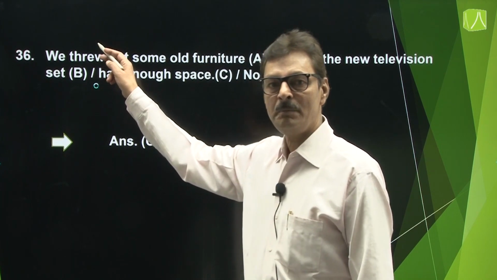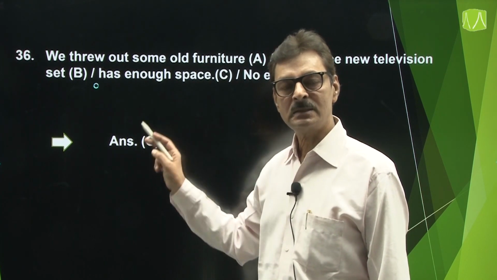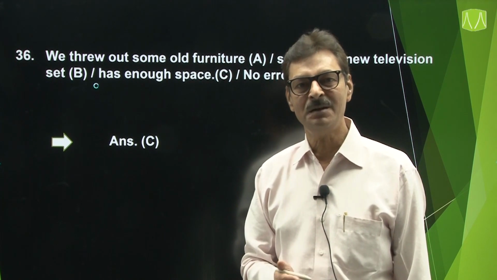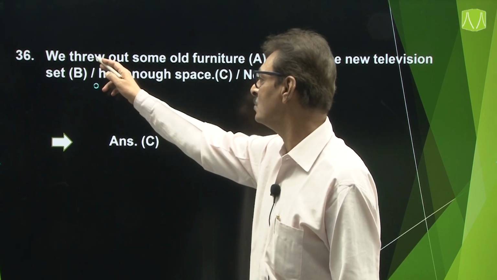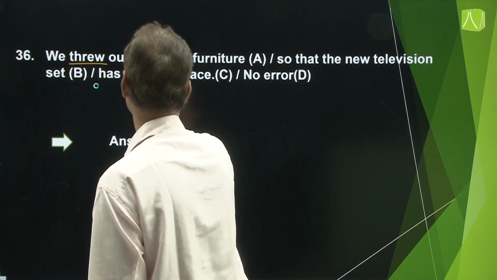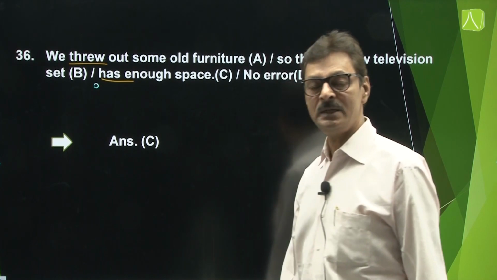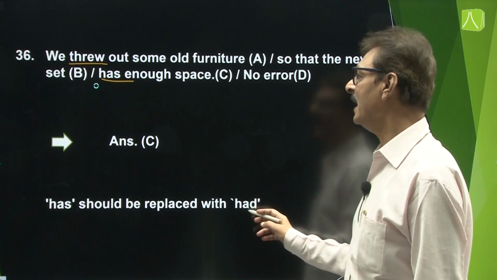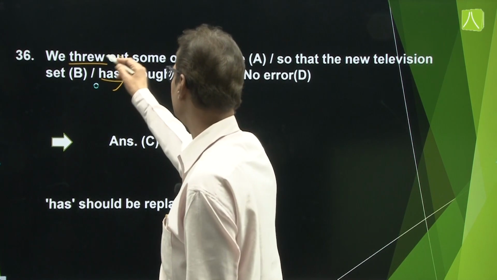The main clause starts with the past tense. The subordinate always should be in the past tense except for universal facts. So threw past tense use हुआ है. Throw, threw, thrown. And now we are using present tense. So error यहाँ पर है. Has should be replaced with had.